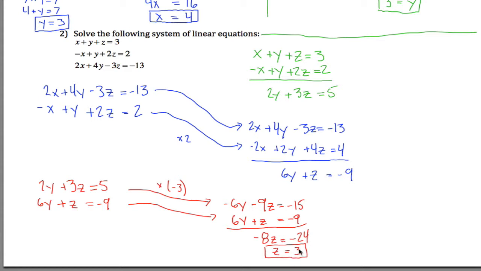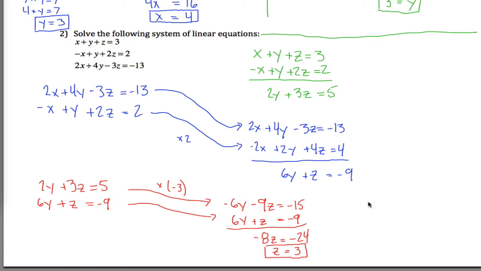I can then use that and work my way back up. I can take this z and plug it into any equation that has z's and just one more variable in it. And it's up to me which one I choose. Maybe how about this one? I think this one looks a little bit easier.